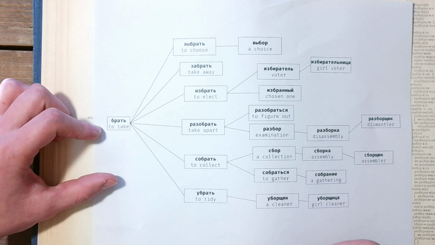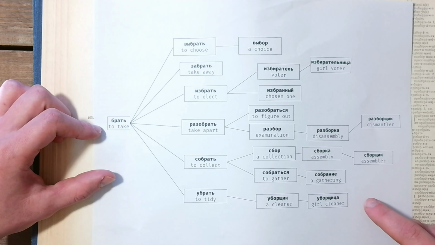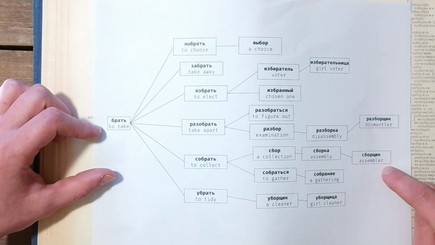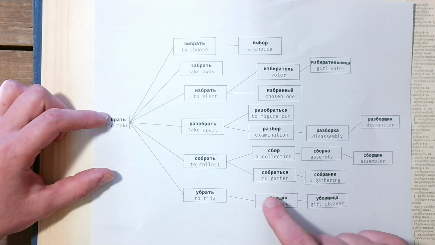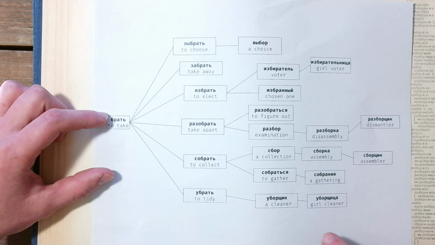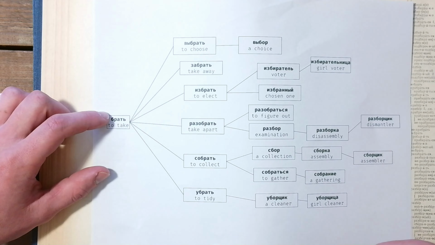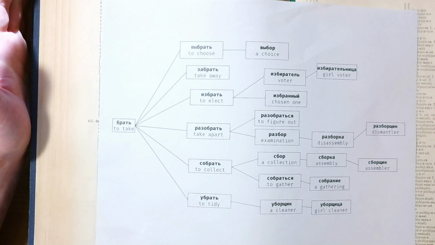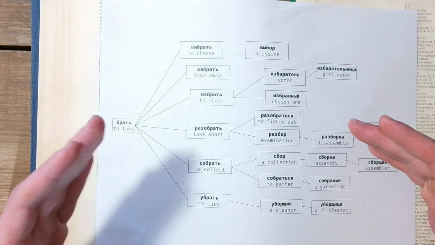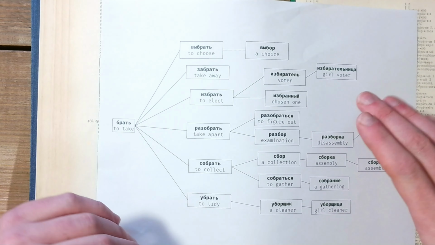Собрать, to collect. Сбор, a collection. Сборка, assembly. Сборщик, assembler. Собраться, to gather. Собрание, a gathering. Убрать, to tidy. Уборщик, a cleaner. Very good words, very useful word nest.